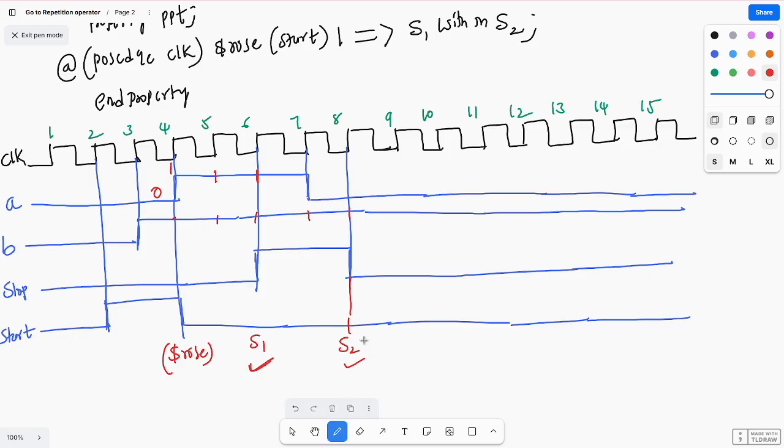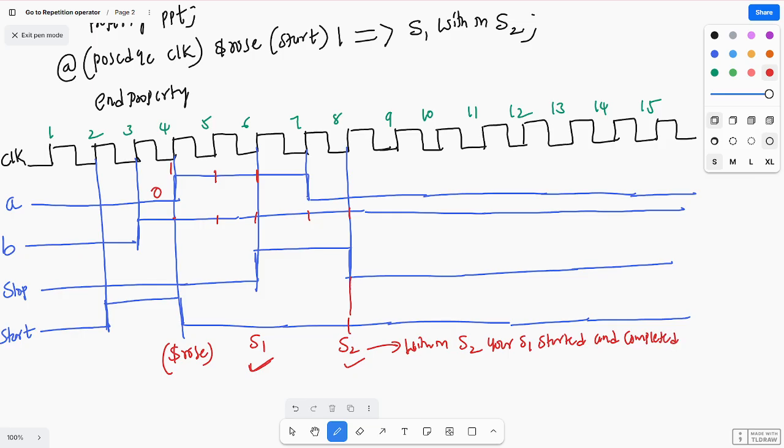So that means within S2, your S1 should be started and completed. Before S2 passes, within this S2, S1 should start, and S1 should be started and completed, then it is passed.